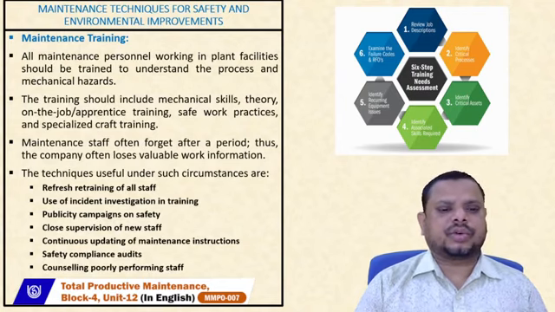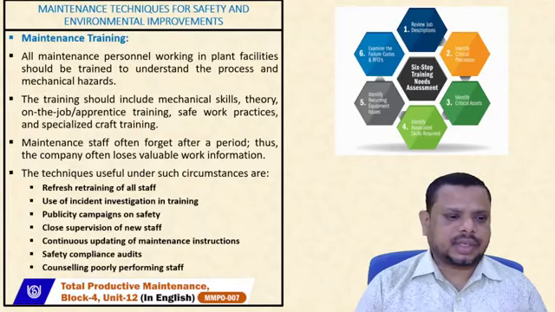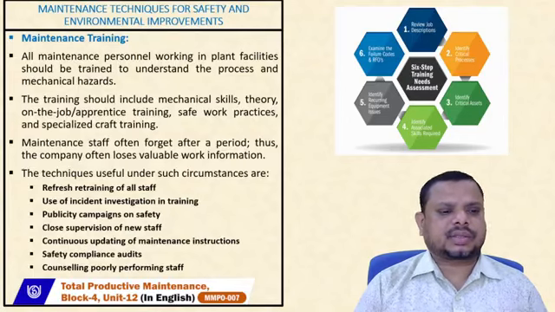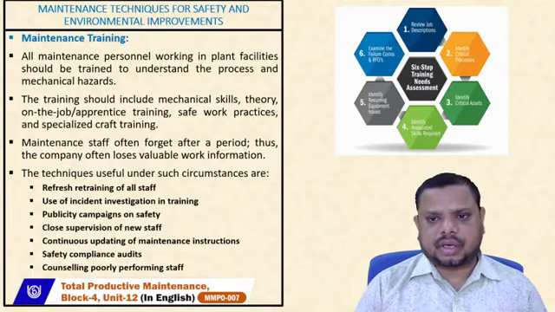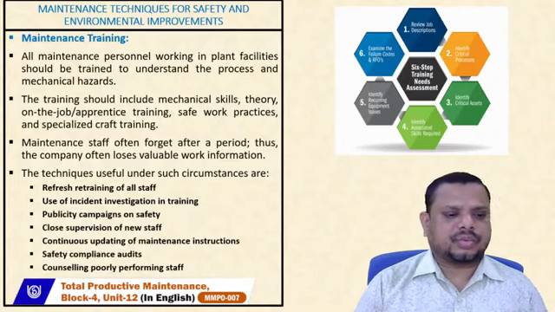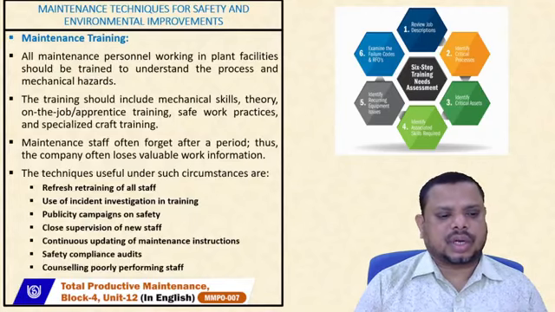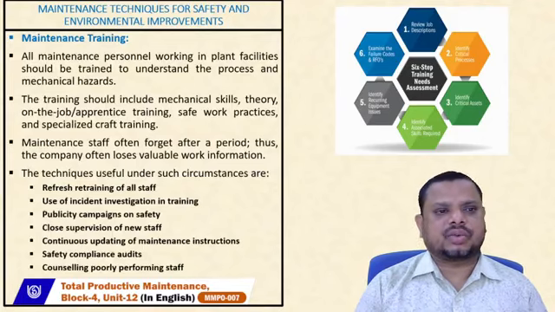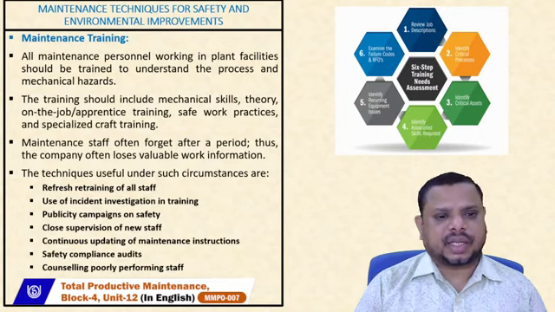Useful techniques in such circumstances include refresh and retraining of all staff, use of incident investigation training, publicity campaigns on safety, close supervision of new staff, continuous updating of maintenance instruments, safety compliance audits, and counseling poorly performing staff.